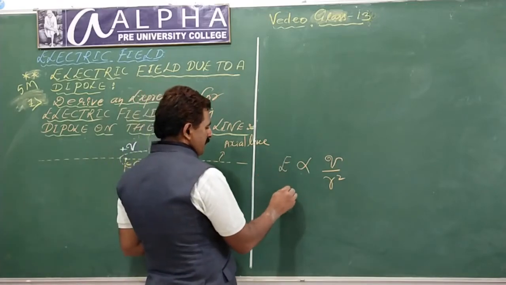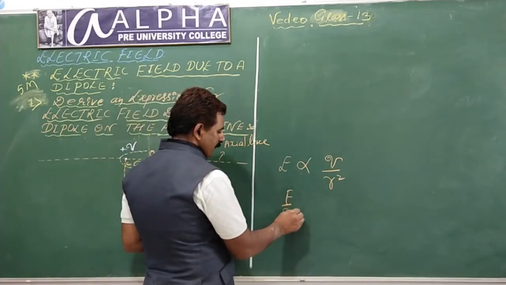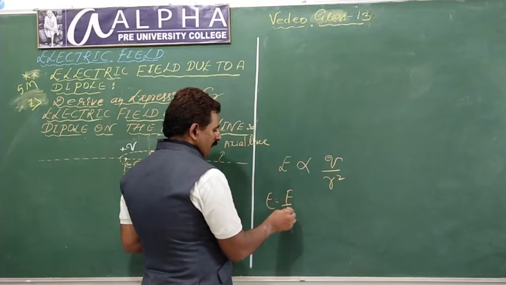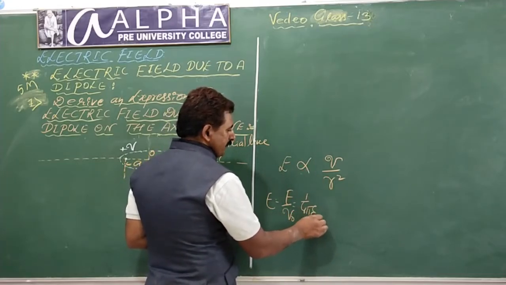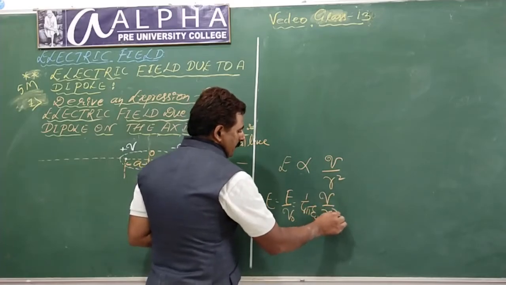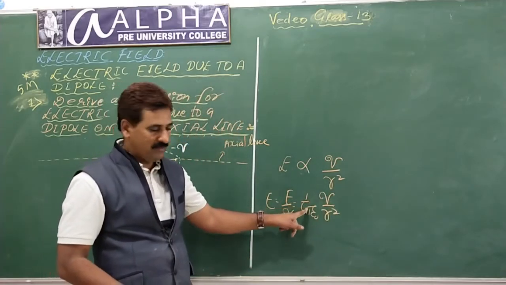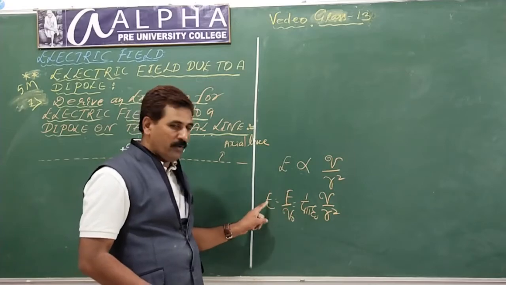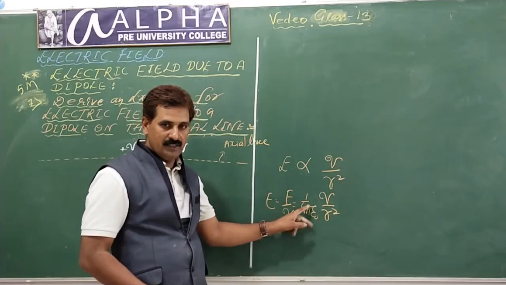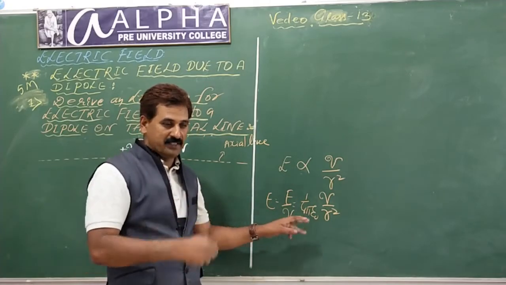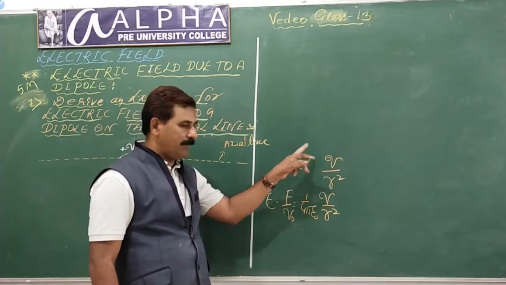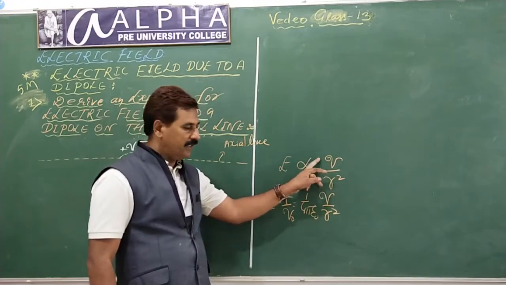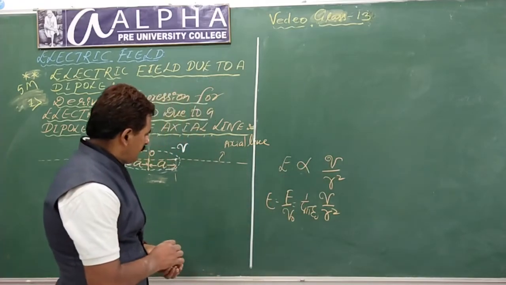Force per unit charge, whose value is given by 1 by 4 pi epsilon 0 times q divided by r square. You are going to use this relation, electric field for a point charge. Practice this. 3 marks question. I will give in test. Electric field depends on charge value directly, and is inversely proportional to the square of distance.